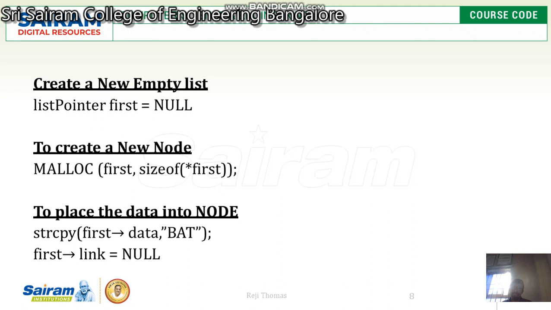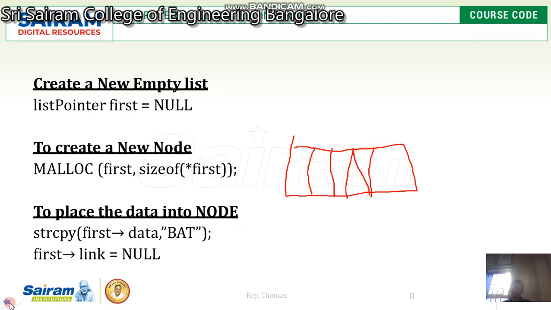Now what happens? We are going to create a node. So this is the node I'm going to create, which is going to get 4 spaces for my characters, which is already done, but I'm just storing.